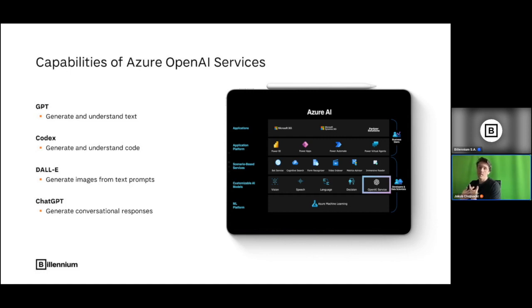So we've got GPT models, those that allow us for tasks such as summarization or content generation, Codex that allows us for generating code or understanding code, DALL-E for image generation, and if you were to connect all those possibilities and add some pieces that would allow us for searching our documents, we would end up in a ChatGPT application. And we'll focus today on how to achieve a ChatGPT that can talk to our files.